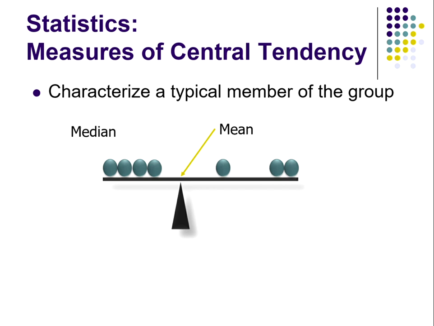The median would be where we're trying to find the point where 50% of the scores are higher and 50% of the scores are lower. So that would be this ball right here. If we wanted a median measure, that would be really informative for things like housing prices, where a really expensive house could really pull up the mean housing price a lot, right?